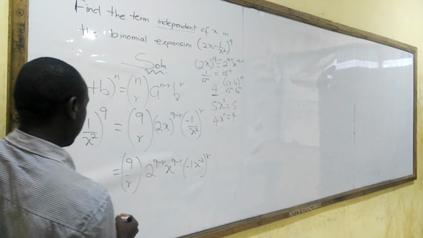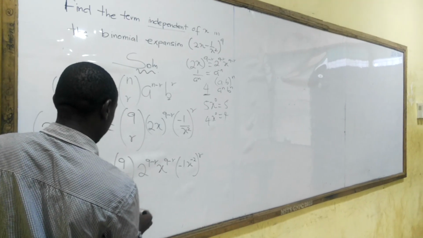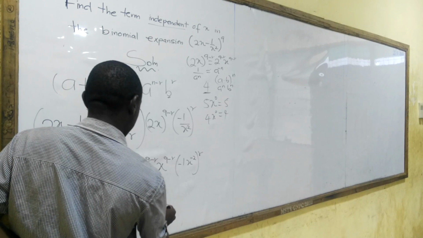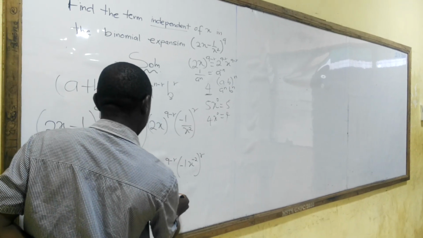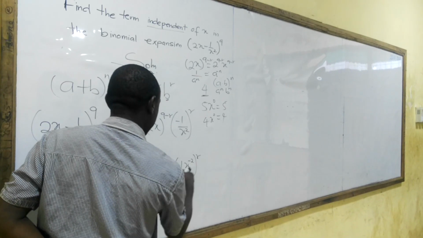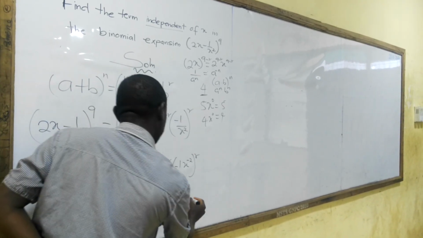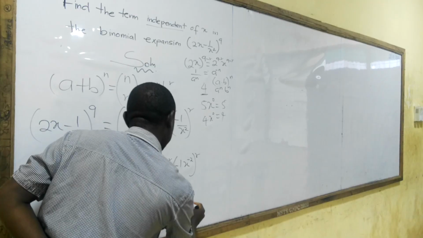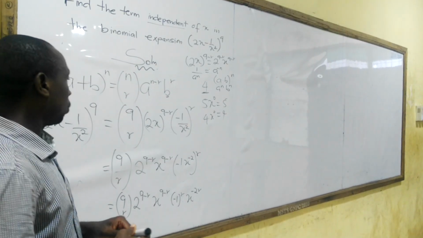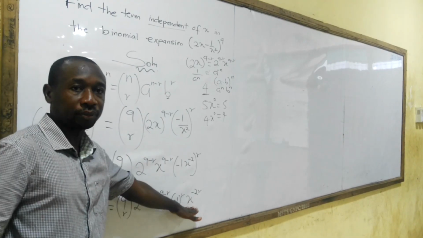And so the next stage becomes 9 combination r, 2 to the power 9 minus r, x to the power 9 minus r, then negative 1 to the power r, and then negative 2 multiplied by r, giving x to the power negative 2r. So the expression reduces to this one.